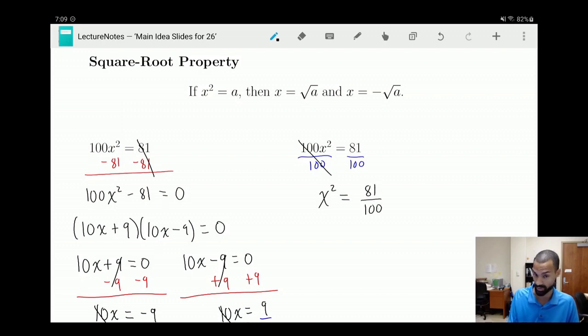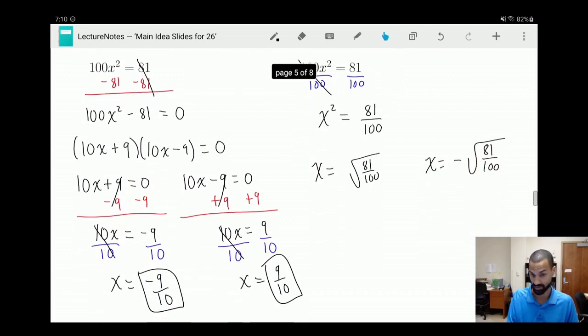The square root property applies. X squared equals a number. So then what does x equal? X equals positive square root of that number and negative square root of that number. X equals positive the square root of 81 over 100 and x equals negative square root of 81 over 100.